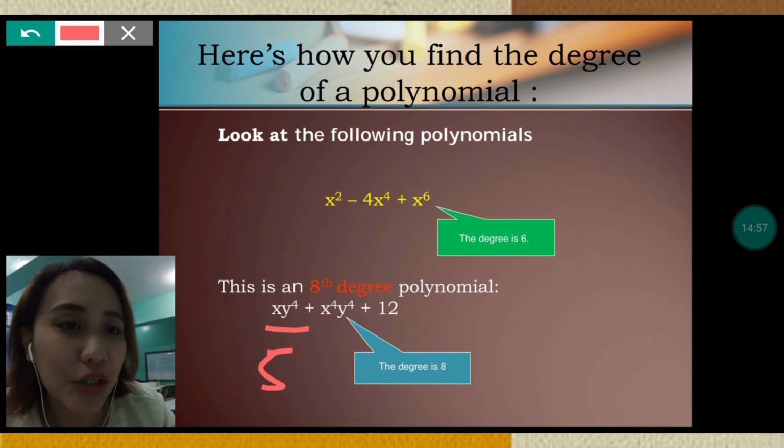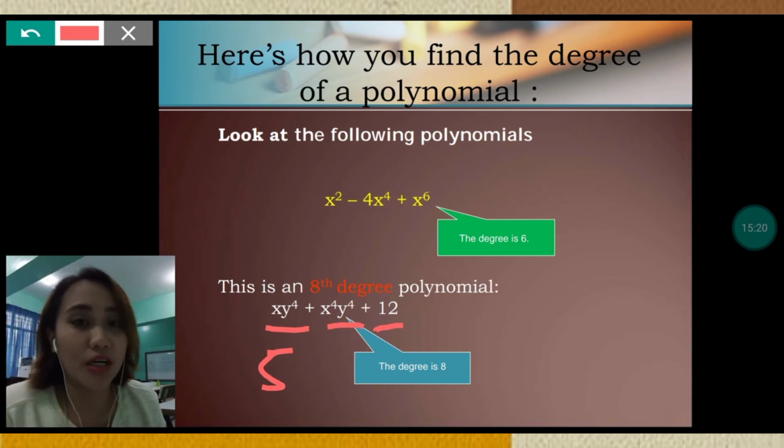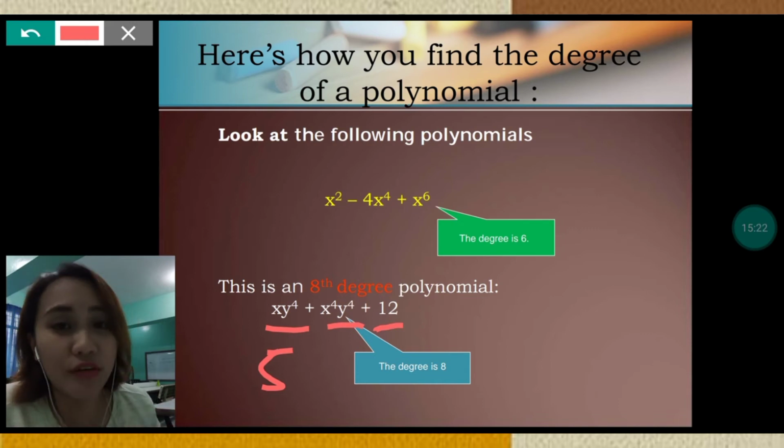For the second term, that's x to the 4th, y to the 4th, the degree is 8 because you need to add the exponents 4 and 4. And lastly, since the last term is 12, and based on what I told you earlier, if you only have a constant, meaning these are numbers 1, 2, 3, 4, 5, and so on, the degree is 0.